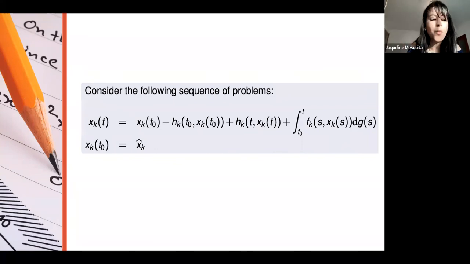For example, we can investigate a type of time scale where the time belongs to, for example, 1 over k times the integers, and when k goes to infinity, this time scale converges to the continuous case, the reals. And in this case, the solution of our problem for the discrete case converges to the continuous one.